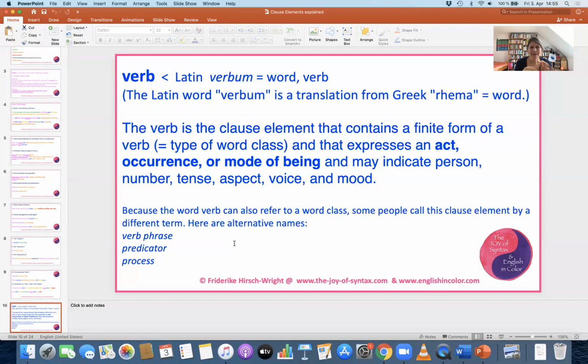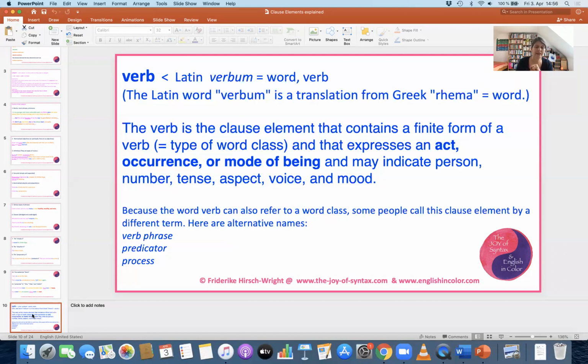But a finite verb phrase in an English sentence always contains only one verb form that is actually finite. The rest of the phrase will be non-finite. I'll explain that in a minute. Anyway, the verb is the clause element that contains a finite verb form and that expresses an act or occurrence or mode of being and may indicate person, number, tense, aspect, voice, and mood.